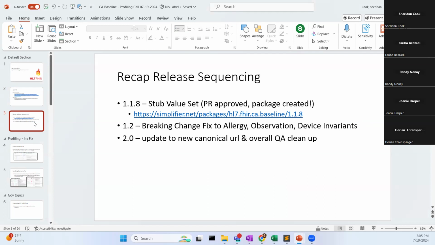We know the 2.0 release will also include canonical changes we've been discussing for quite a while, and overall QA cleanup. So our profiling stream has been focused on making the decisions that allow us to make the changes and get to 1.2 and then to 2.0.